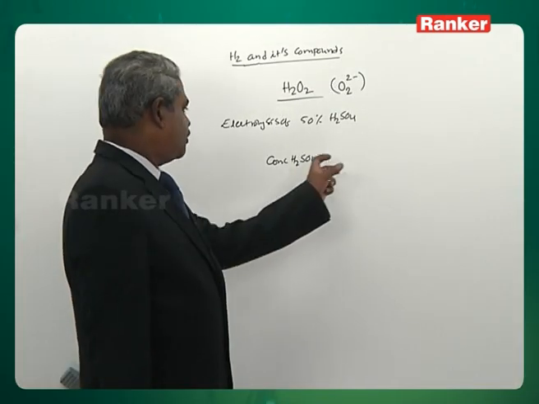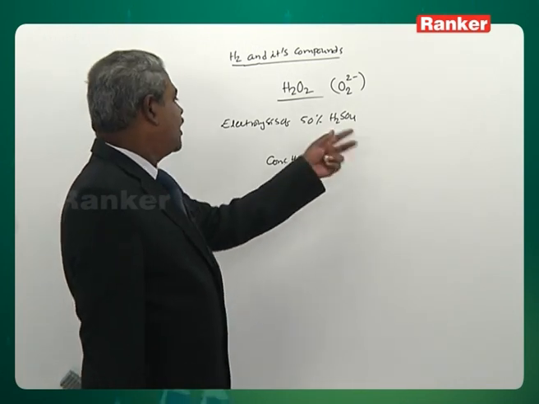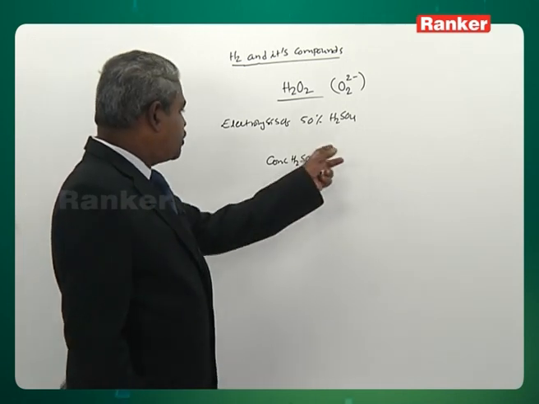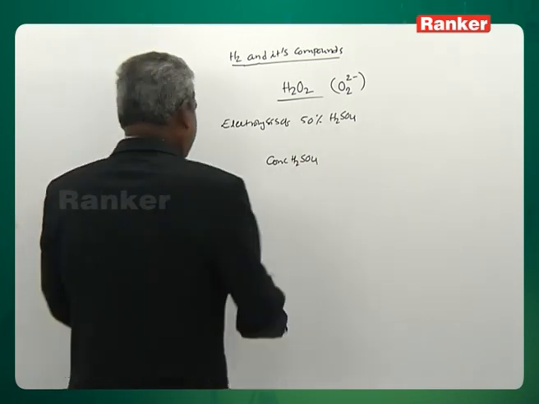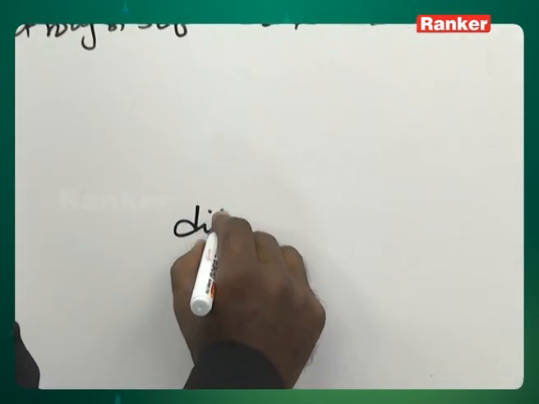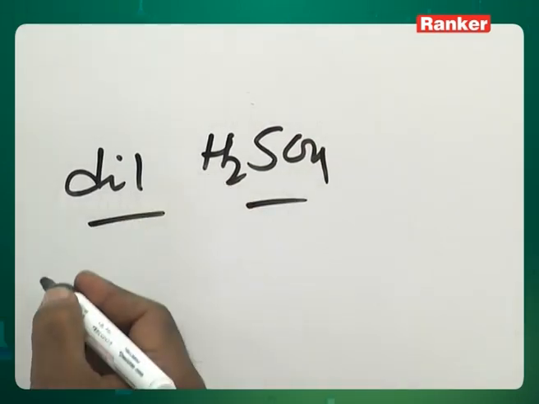It doesn't contain much water. No water, no ions, no electrolysis. Concentrated H2SO4 means ionization will not be there. And dilute H2SO4 means it is nothing but water. Dilute H2SO4 is nothing but water, some is added.